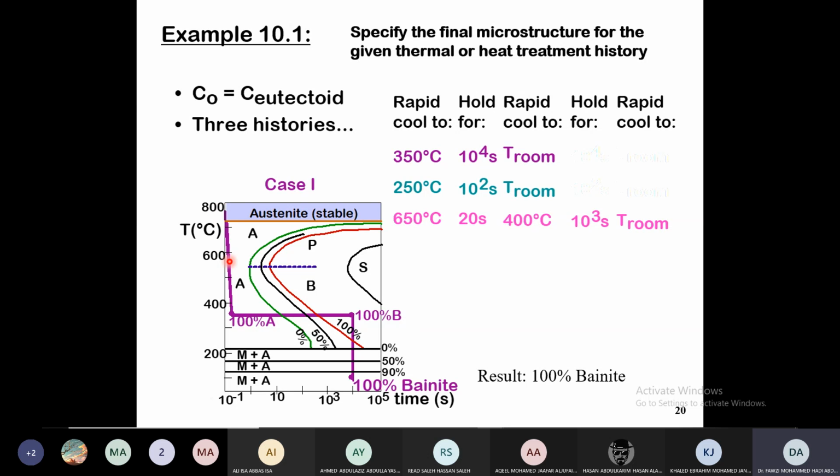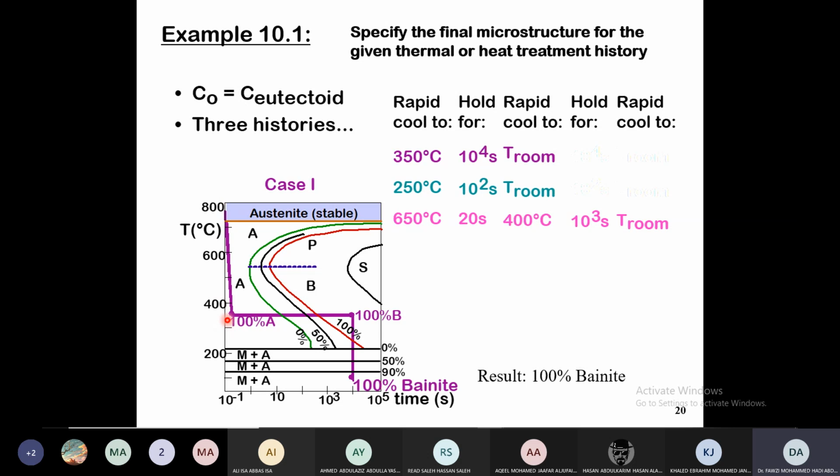Again, well done. By quenching, we get martensite. But a mistake that the students fall into is that the quench has to go lower than 215 degrees centigrade for the martensite to develop. So if you quench to 350 degrees centigrade, you are not going to form martensite. This is the trick I've used in this question.